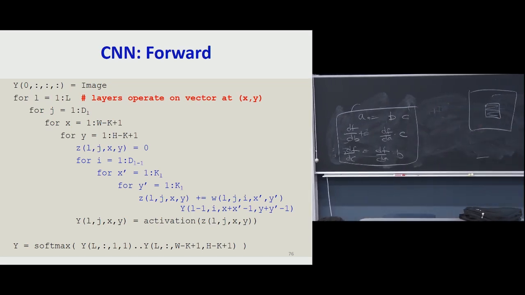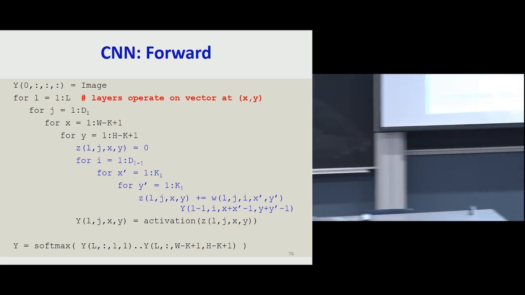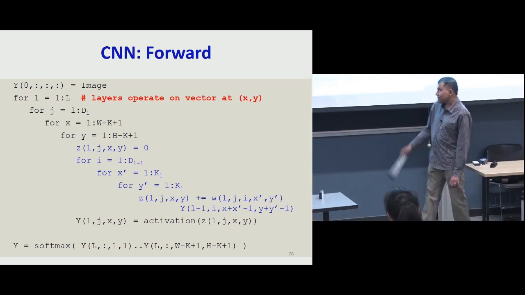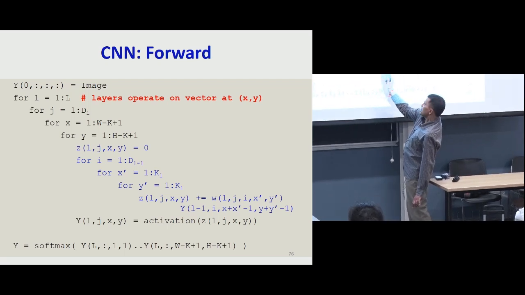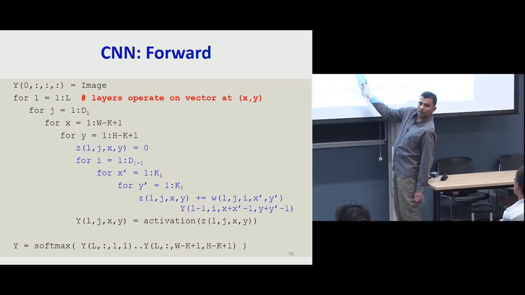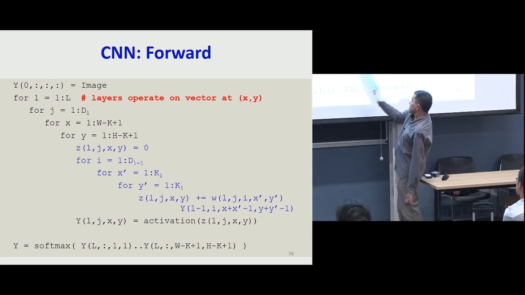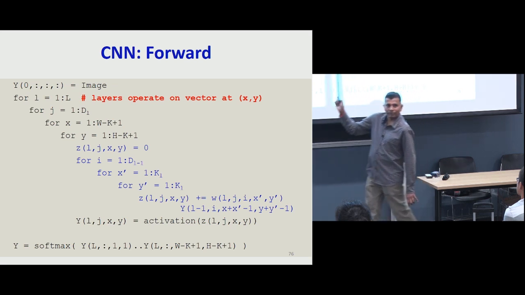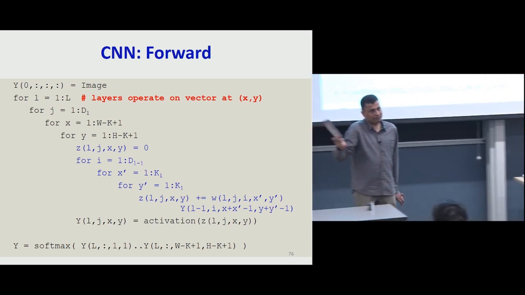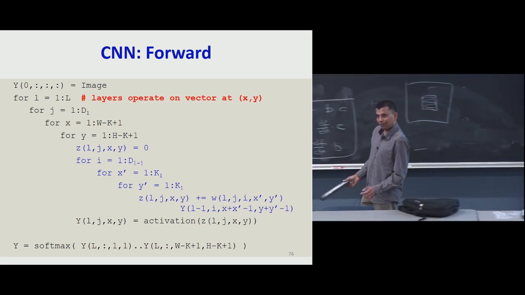Look at what happens. Here I have Z equals W times Y, right? So the derivative with respect to W is going to be the derivative with respect to Z times Y. The derivative with respect to Y is going to be the derivative with respect to Z times W. We haven't even looked at the math. I'm just looking at the code.